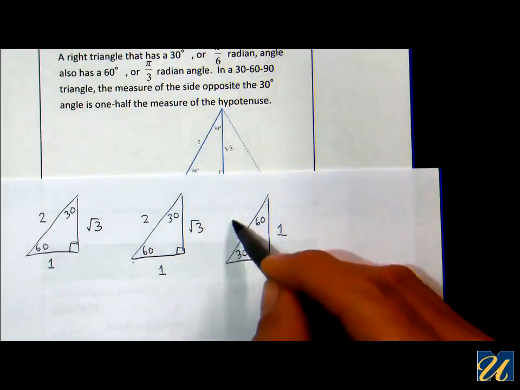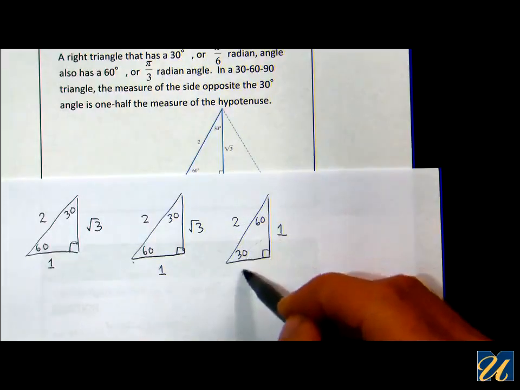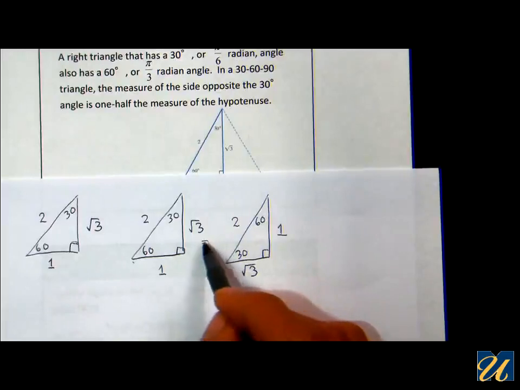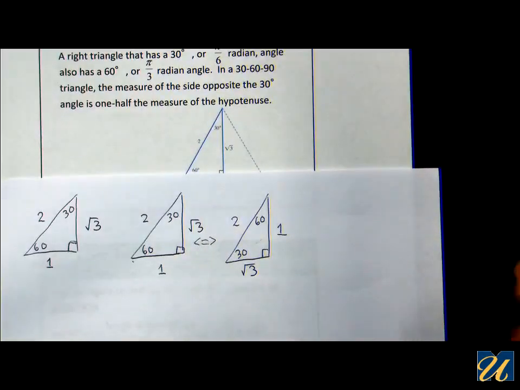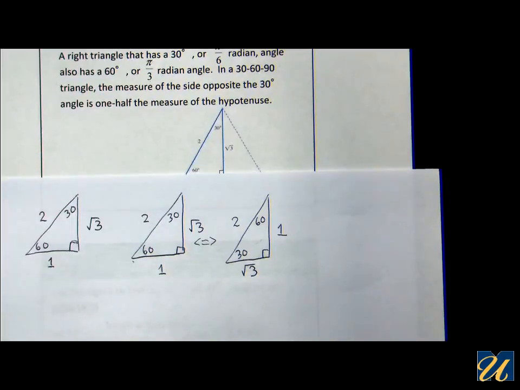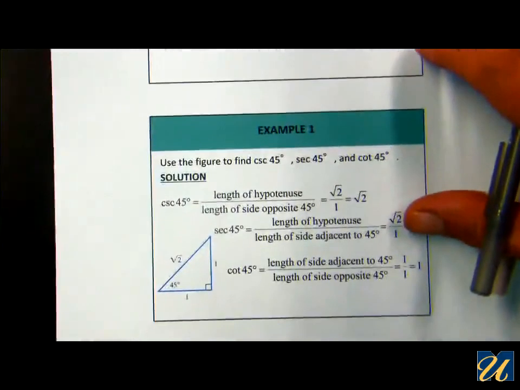A hypotenuse is always the longest length, and the root 3 goes opposite the 60. That would go here. These two triangles here are exactly equivalent in every way. So you have to be careful to always check where the angle is located before you think about the length of the sides.